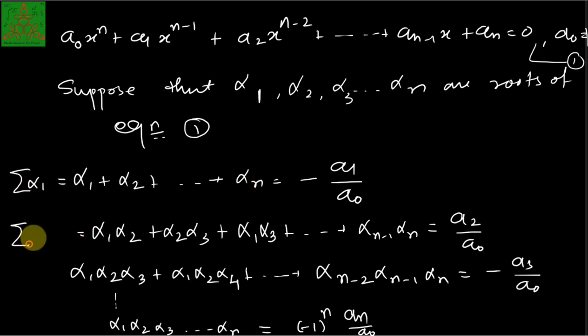Here we write, as notation, summation of alpha 1 alpha 2, meaning all pairs of two roots, that is alpha 1 alpha 2, alpha 1 alpha 3 and so on, whatever the possible pairs are. This we can write as summation of alpha 1 alpha 2 alpha 3, because it is the sum of products of three roots, and all the possible triples of roots will be there.